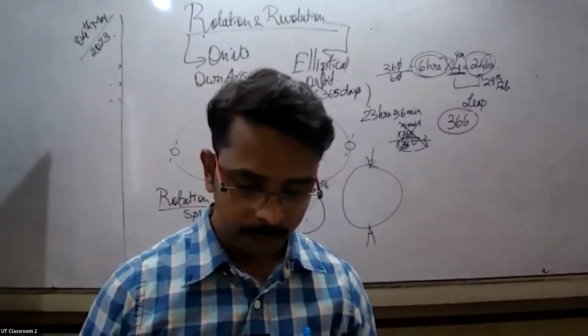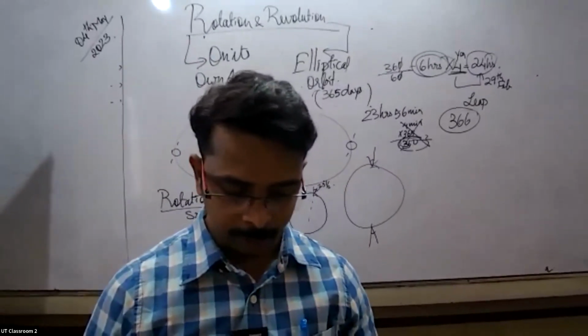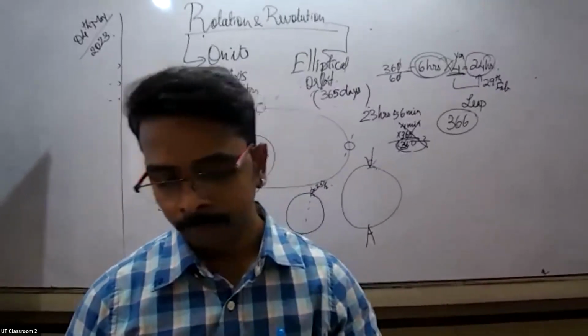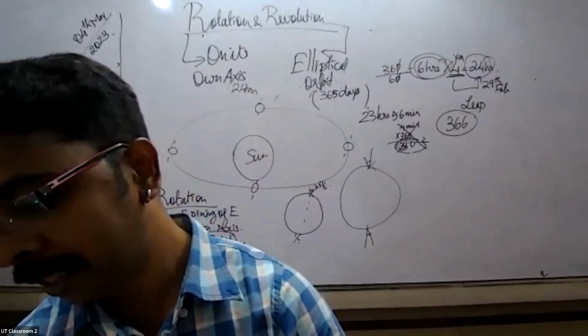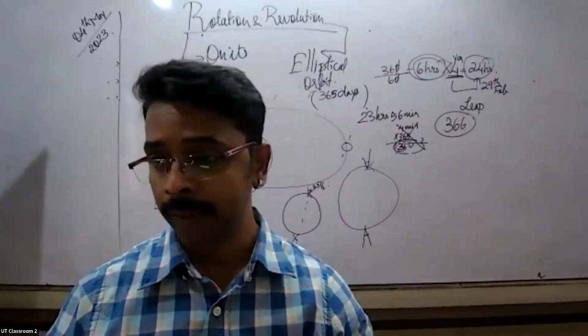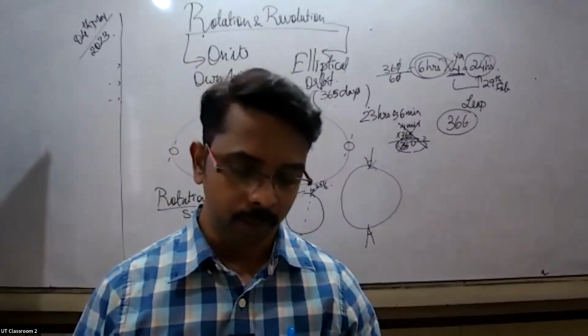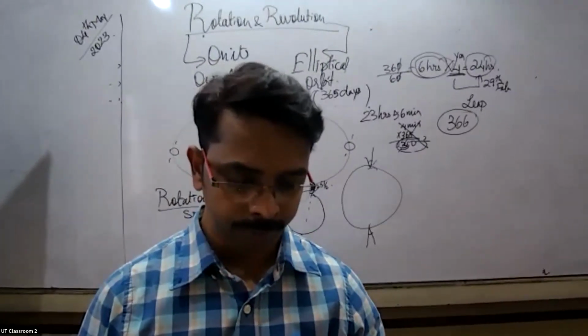We are in 2024, no? 2024 December. So this year we are in the 3rd year. Next year it will be leap year. Okay, so read on.